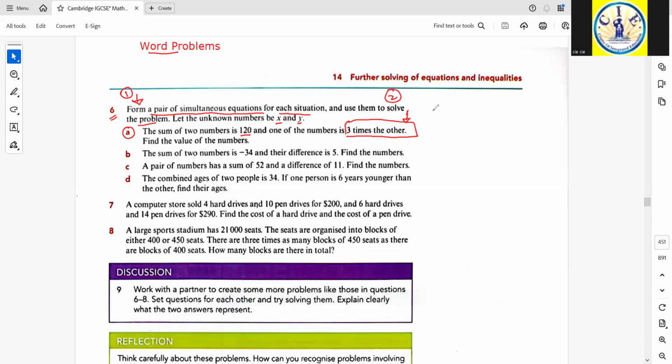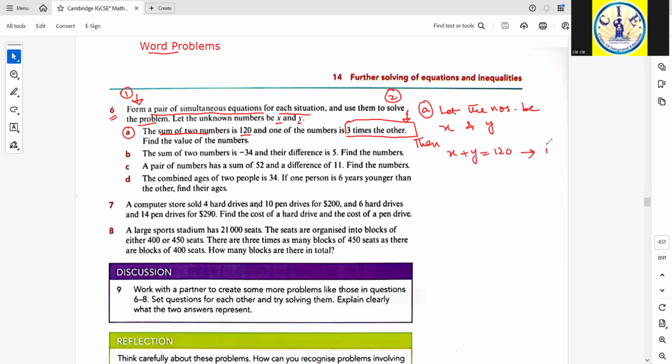So in this case, let the numbers be x and y. Then, according to the given condition, the sum of these two numbers is 120. That means x plus y equals 120.